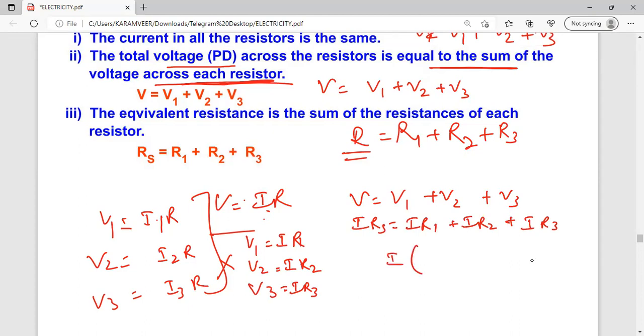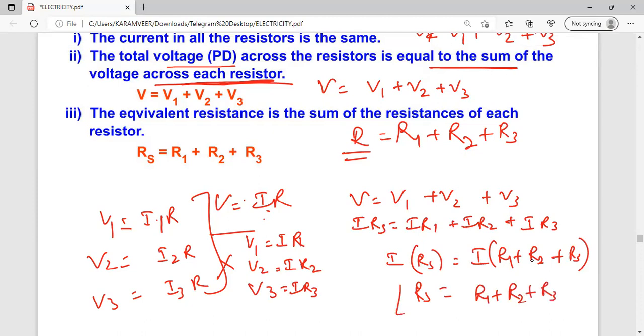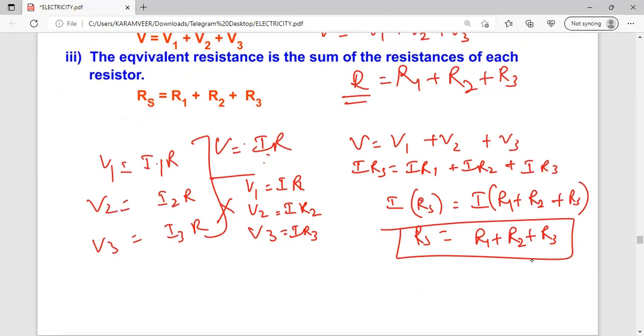I is common and will cancel out. So the value of Rs is R1 plus R2 plus R3. So that is called resistors in series.